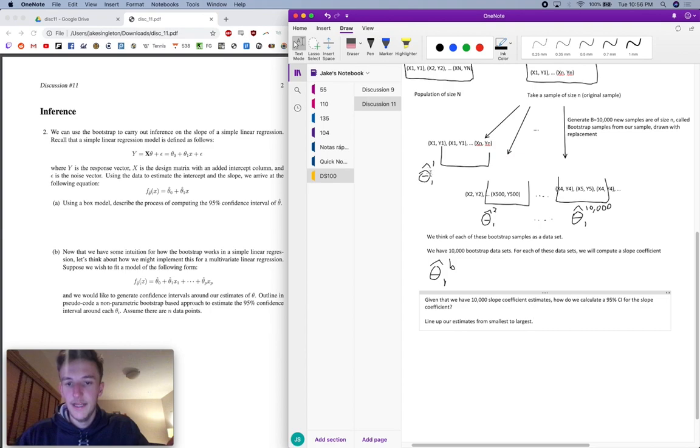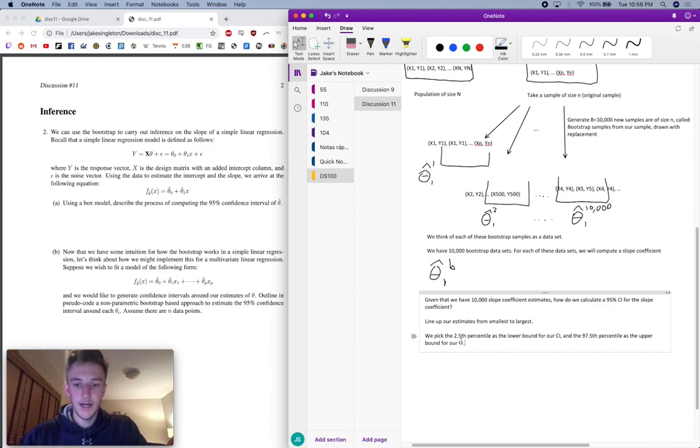You can imagine taking theta hat 1, the first one, and then the second one, all the way up through the 10,000th, and lining them up from smallest to largest. Once we do that, we pick the 2.5th percentile as the lower bound for our confidence interval, and the 97.5th percentile as the upper bound for our CI.